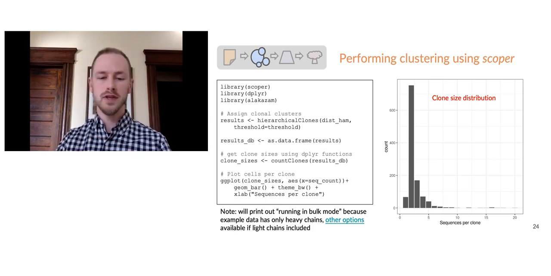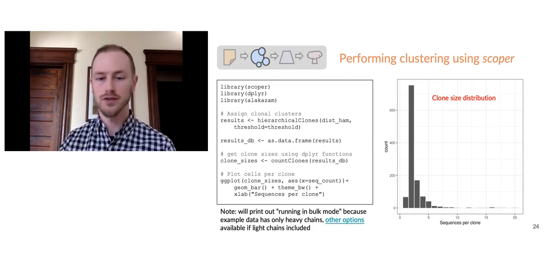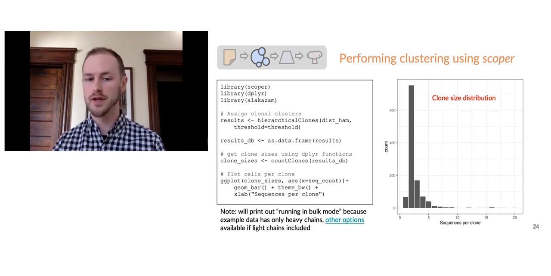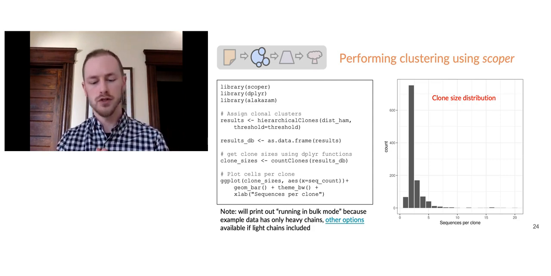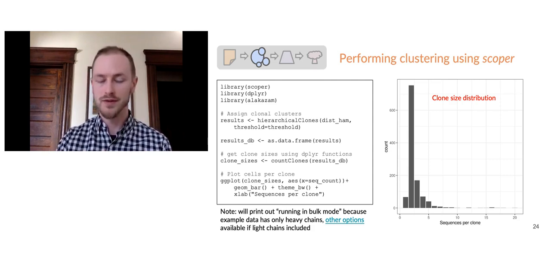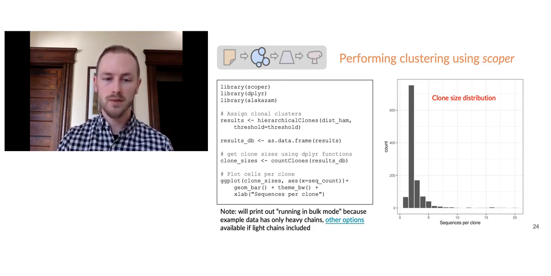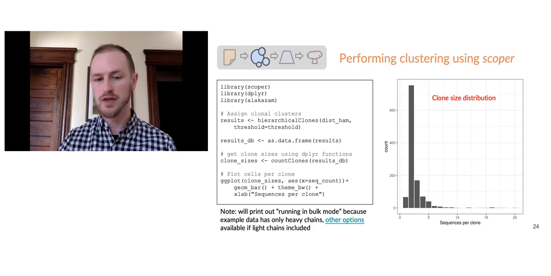If you input single cell data with heavy chains and light chains into Scoper functions, it will run in single cell mode, and you'll have the option to use light chain sequence information to further define the clones. We're not going to get into that within this tutorial, but there is documentation about how to do that on the Immcantation site.